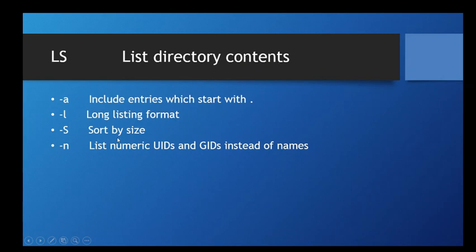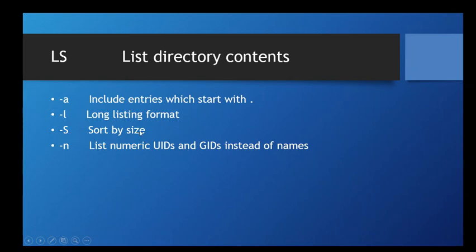ls is a command to list directory content. There are many options, and I just picked a few of them to showcase. Dash a includes entries which start with a dot, basically all entries. Dash l is long listing format. When we do ls dash al, it shows all the files in long listing format, so you can combine more than one option at a time.